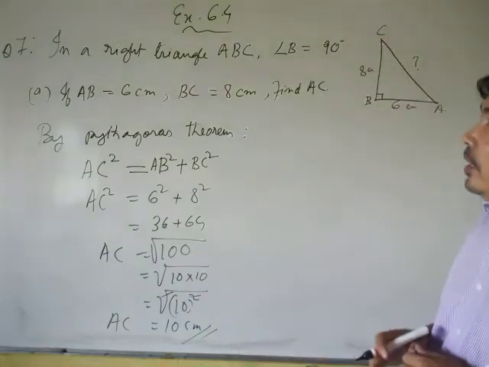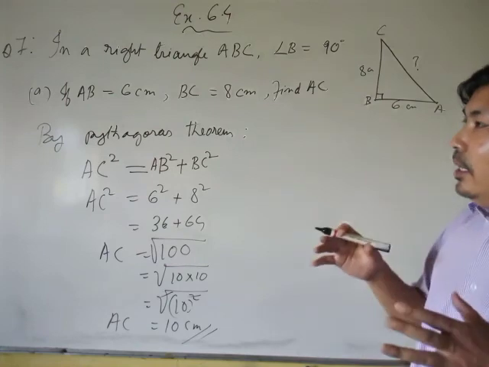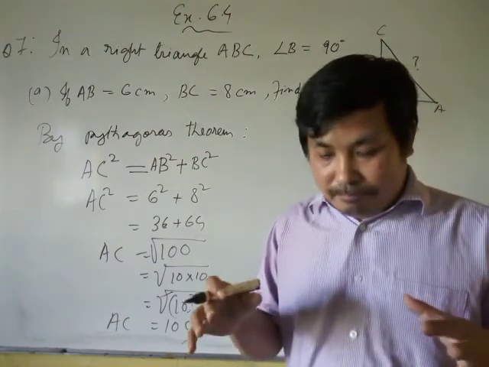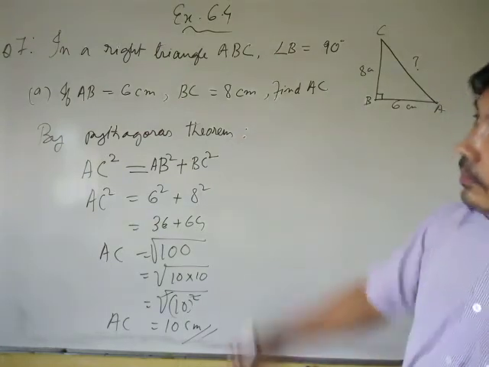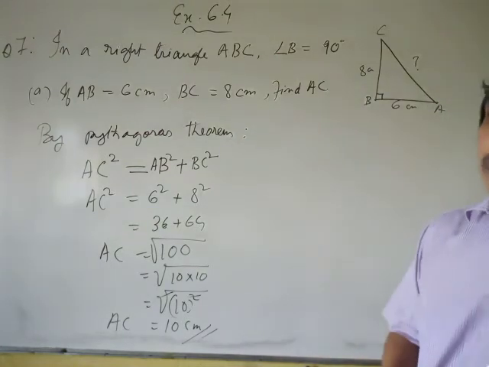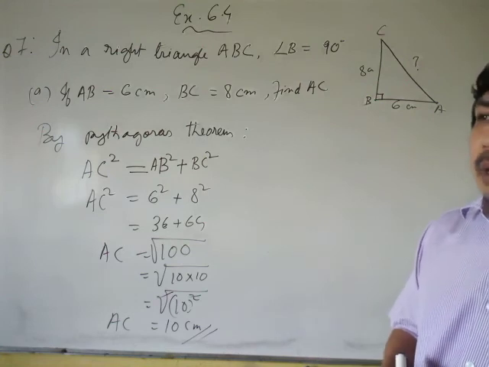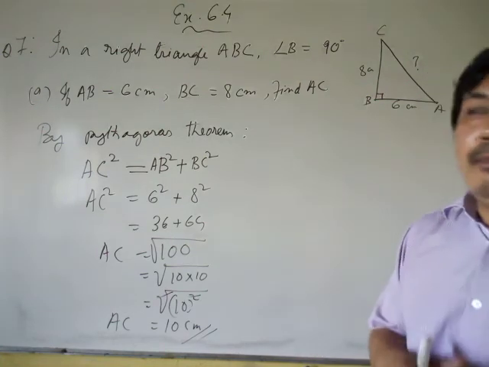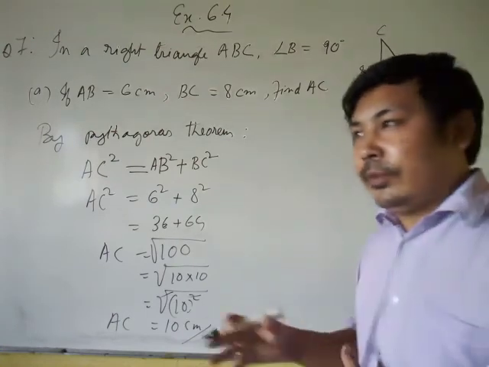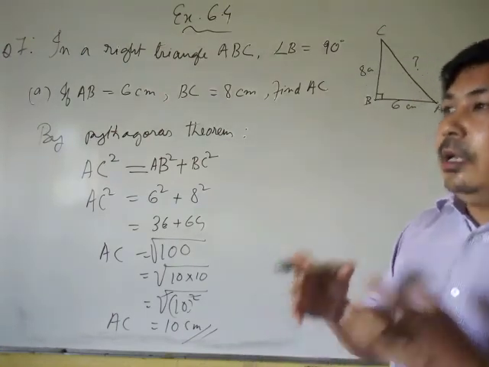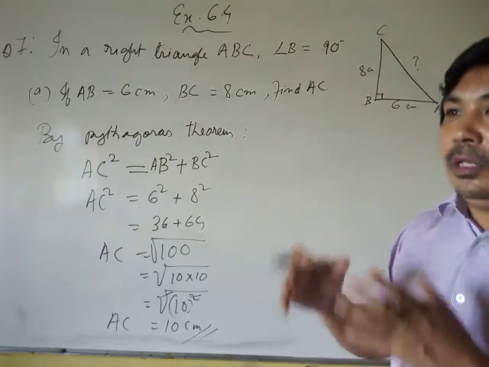So here what we have learned is the division method to find out square roots. And also we find numbers to be added to a non-perfect square to make it a perfect square, or to be subtracted so that it becomes a perfect square.